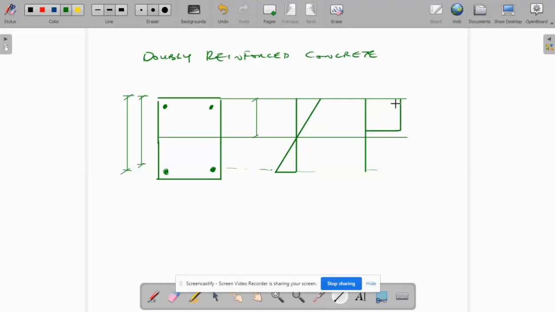At this point we consider this: this is b, the breadth of the section.